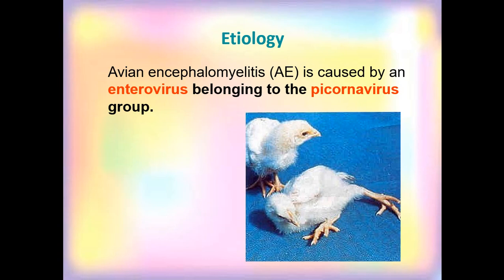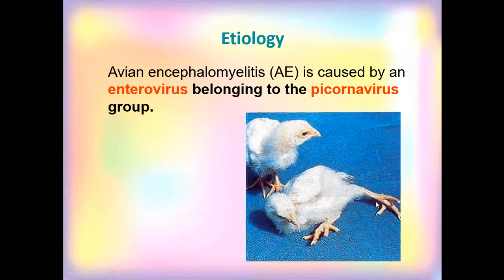So this disease causes inflammation in the brain and spinal cord. The cause of this disease is a picoRNA virus. Okay, and these are the clinical symptoms of chicken affected with avian encephalomyelitis, or AE.